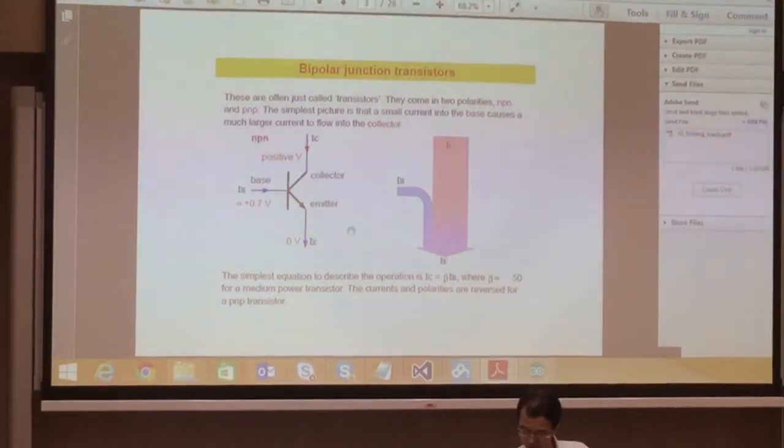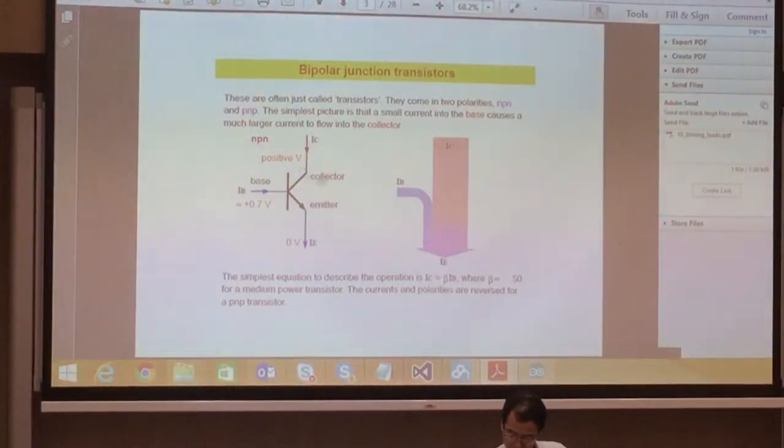Okay, so in the notes, you also have these circuit symbols for the NPN. So if your emitter here is grounded, 0 volts, you need about 0.7 volts at the base in order to turn on this transistor.